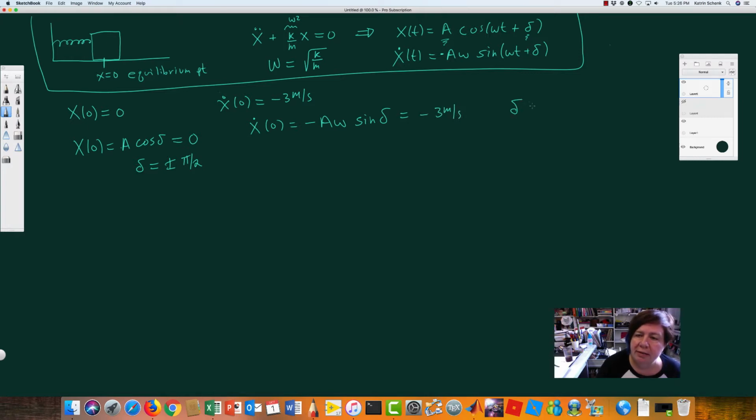So let's set delta equal to positive pi over 2, okay? So this gives me minus a omega, and the sine of pi over 2 is 1, is equal to minus 3 meters per second, so that all works out great. And again, we get a is 3 meters per second over omega.